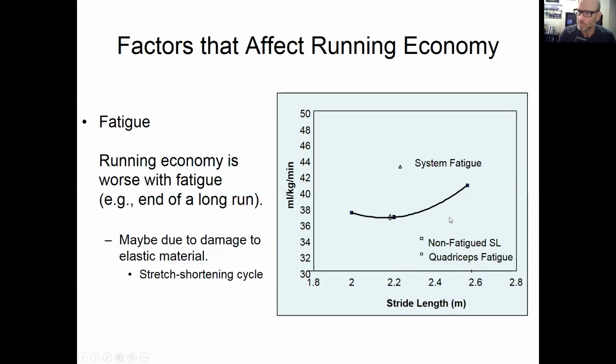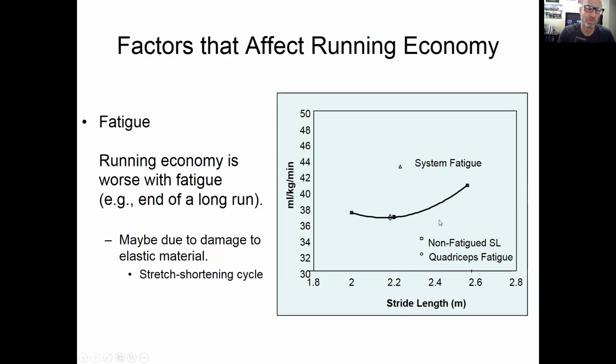We see pretty much a U-shaped curve. We see greater VO2 for longer stride length compared to preferred. Not too much change in VO2 here, and that's important to remember. Some subtle changes in stride length probably do not negatively influence VO2. So that's the non-fatigue state, that curve right there.